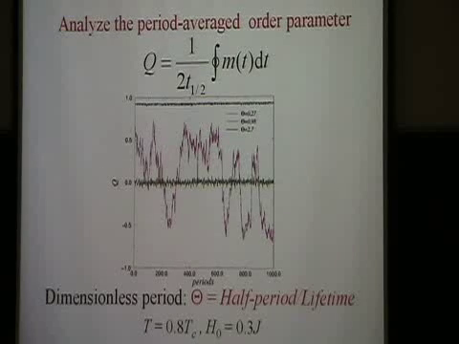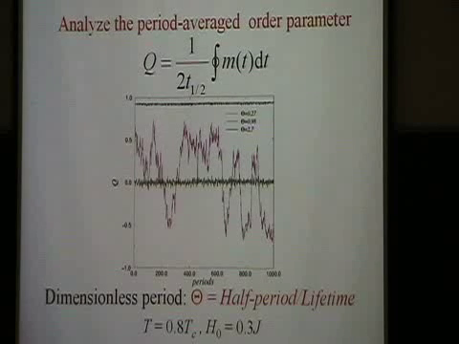And if I were to lie to you and tell you that this is m of t for an equilibrium Ising model at temperatures high above Tc, well below Tc, and at Tc, I challenge you to call me on that lie. It looks essentially the same.